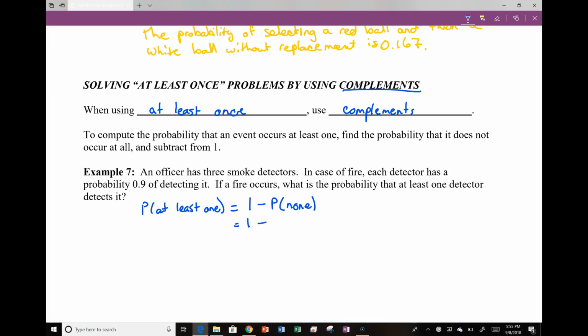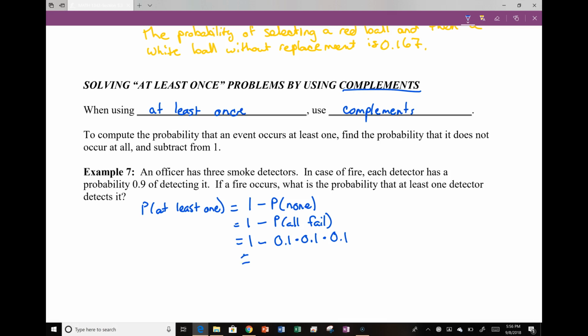So the probability that none of them work is that they all fail. Well, what's the probability that they fail? If the probability that they work is 0.9, the probability that they fail is 0.1. There are 3 of them. So I'm going to look at 1 minus the first one failing times the second one failing times the third one failing. All 3 of them failing.